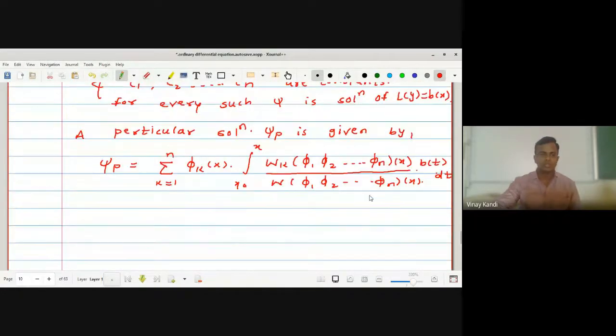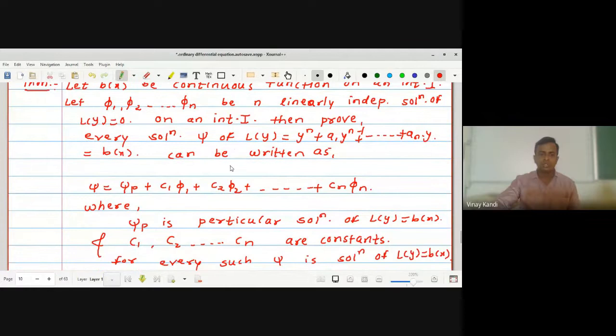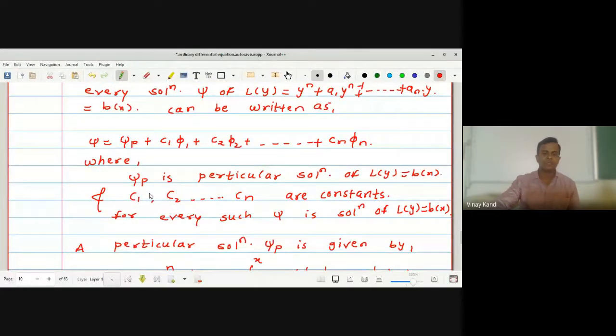Okay, so this is the theorem statement. Let b of x be a continuous function on an interval I. Let phi 1, phi 2, up to phi n be the n linearly independent solutions of L of y on an interval I. So every solution psi of L of y can be written in the form psi is equal to psi p plus c1 phi 1 plus c2 phi 2 and so on, complementary function plus particular integral, where psi p is the particular integral and c1, c2 up to cn are constants.